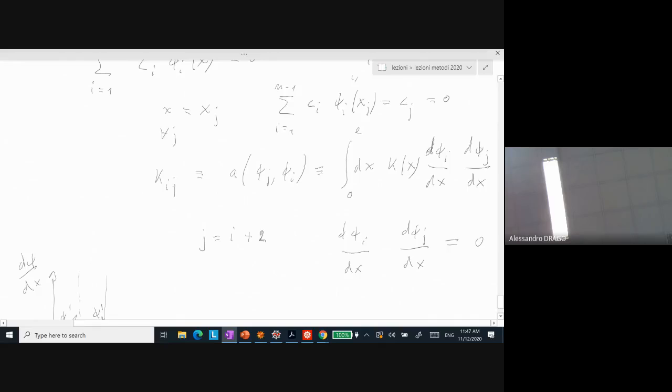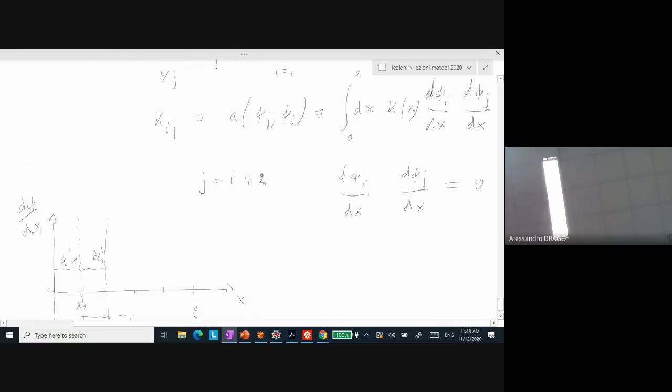Okay, so the crucial point is that since these functions phi_i and similarly their derivatives are different from 0 only on a very limited support, then if I take, for instance, j equal to i plus 2, at least one of these two objects is equal to 0, because they never overlap. And so chi_ij is equal to 0 for j equal to i plus 2.